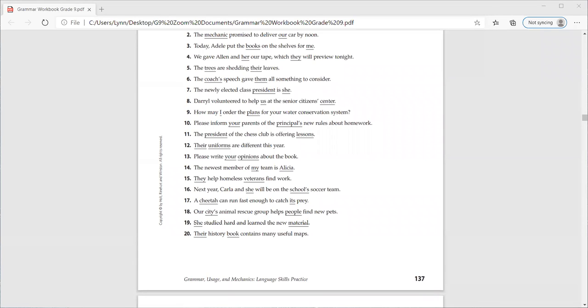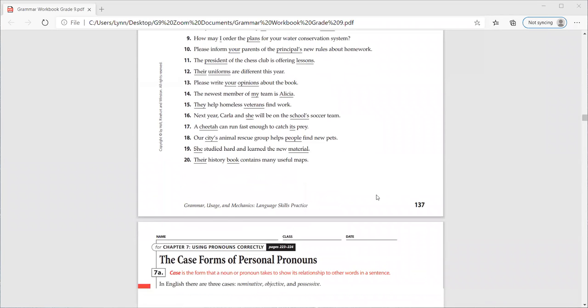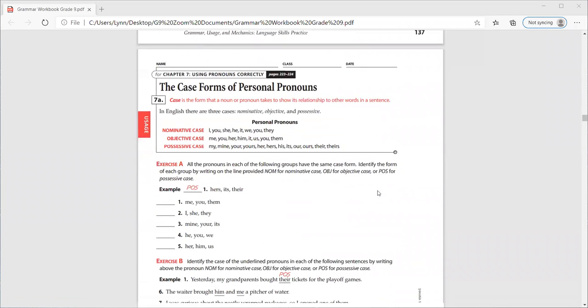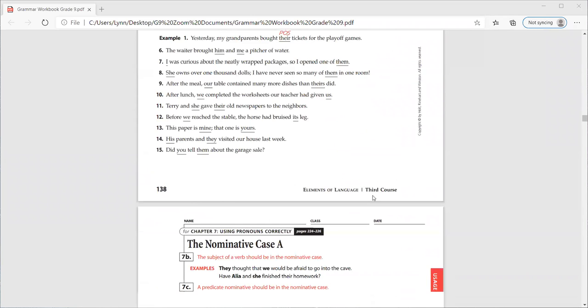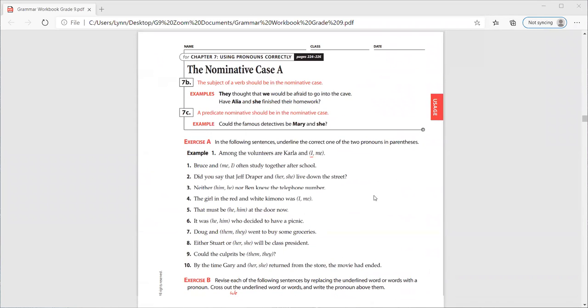Correct. Number 19, she is nominative. Correct. And material is objective. Correct. Number 20, there is possessive and book is nominative. Correct. Thank you, Debelina. Welcome. Okay, now we're going to go to page 139.